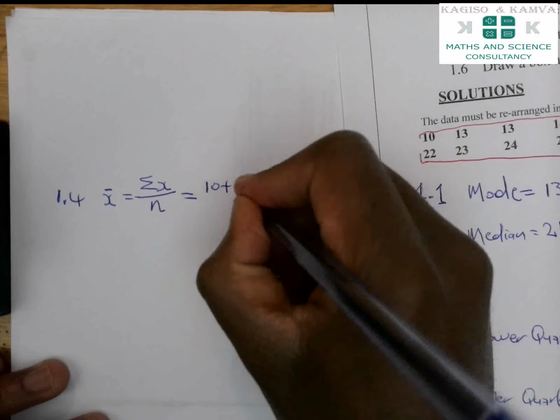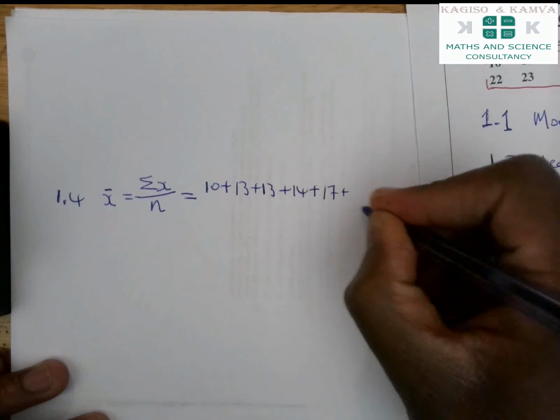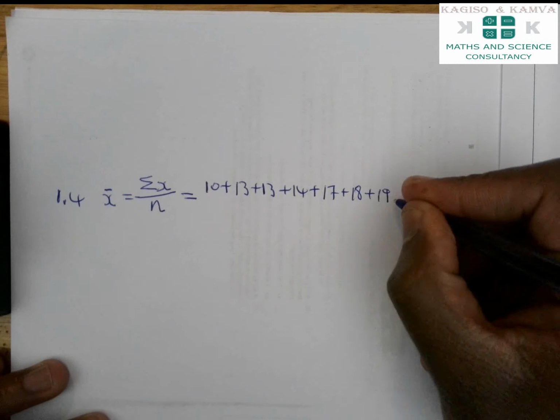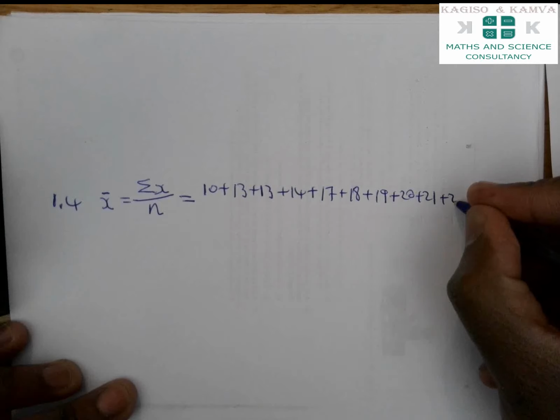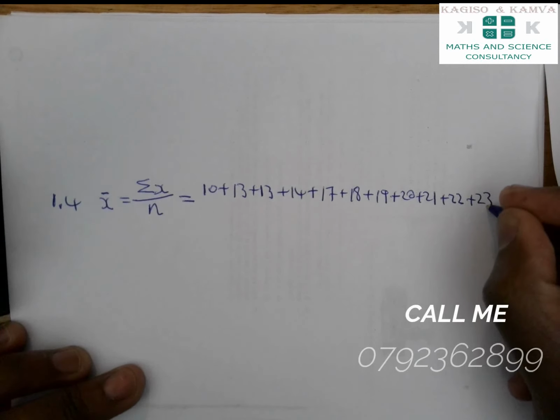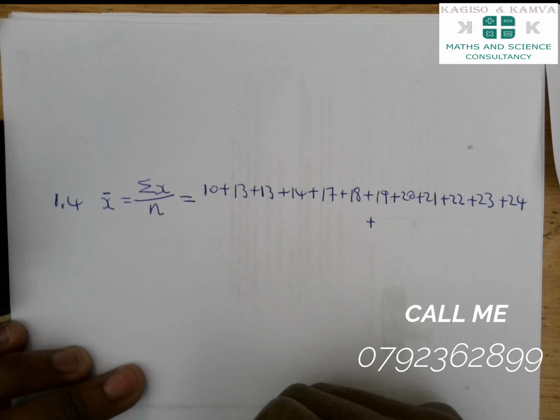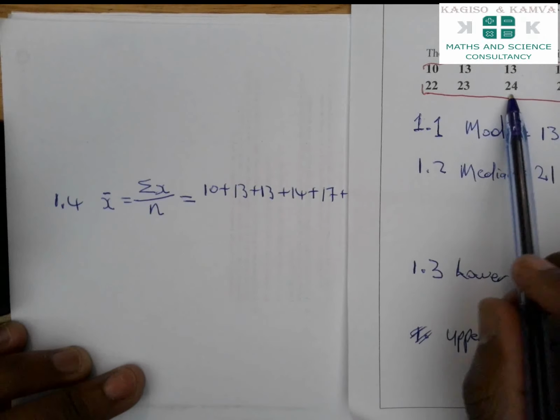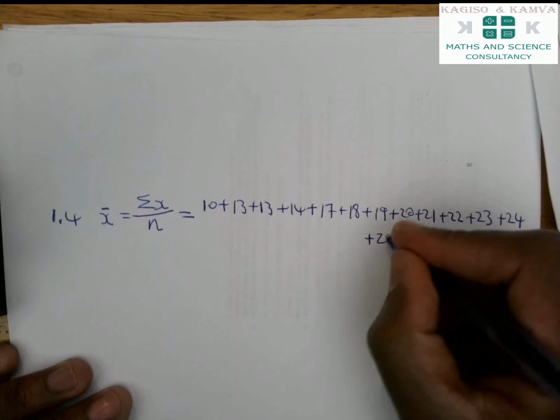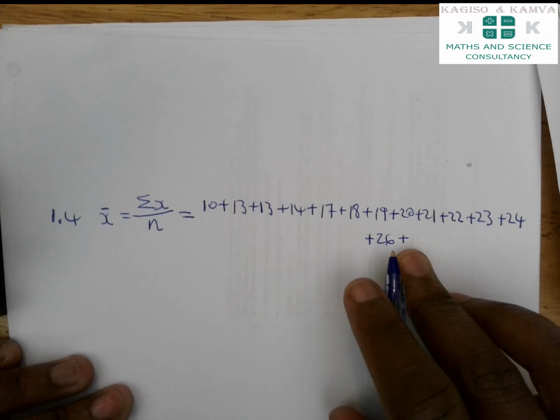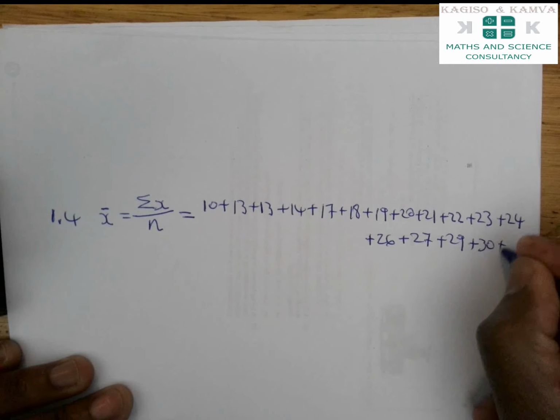We're going to have 10 plus 13 plus 13 plus 14 plus 17 plus 18 plus 19 plus 20 plus 21 plus 22 plus 23 plus 24 plus 26 plus 27 plus 29 plus 30 plus 32.